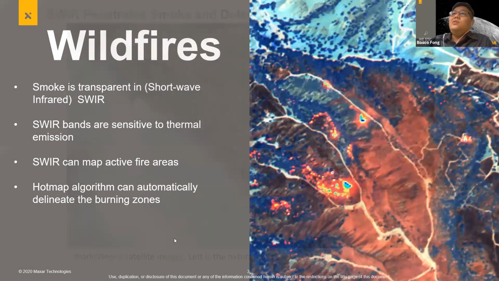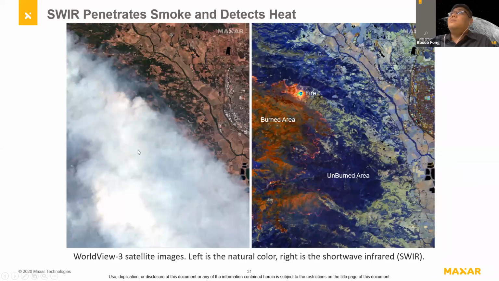So for example, here the first image is the natural color image. This is what you see. When fire happens, it is always covered by smoke. And when we switch to short-wave infrared, this is what you can see. We are able to get information on the ground, and also detect where the active fire is.